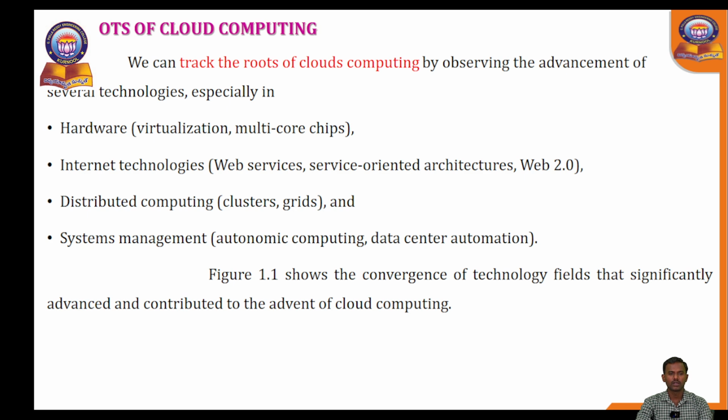Third is distributed computing, that is clusters and grids. And the fourth is systems management: autonomic computing and data center automation. Next we'll see the figure that shows the convergence of technology fields that significantly advanced and contributed to the advancement of cloud computing.